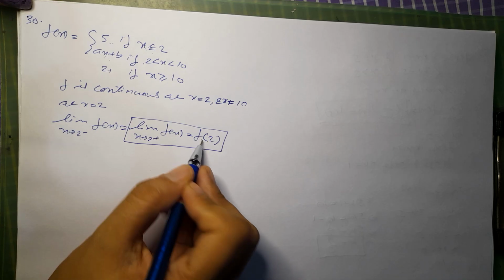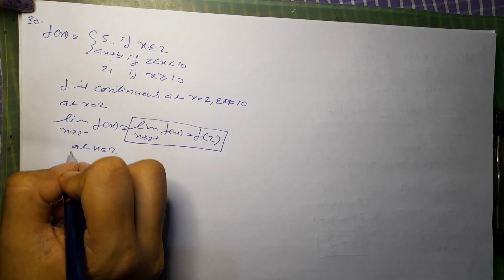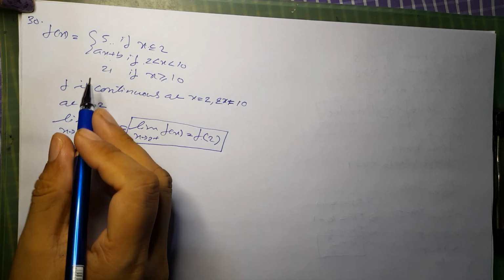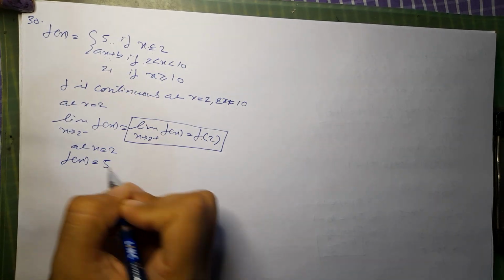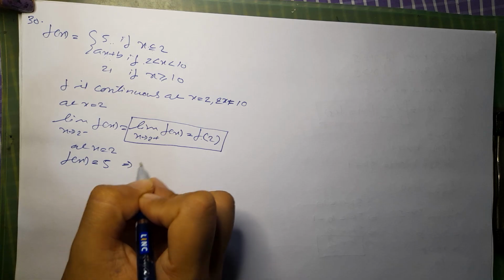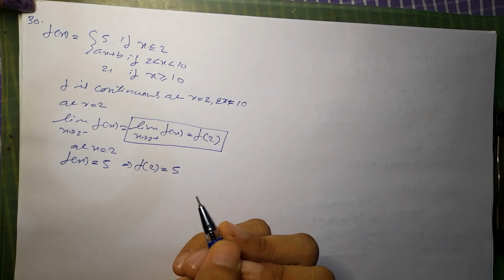Now f of 2. At x equal to 2, f of x is equal to 5, since x is less than or equal to 2. Since it is a constant, it will remain a constant, so f of 2 is 5.